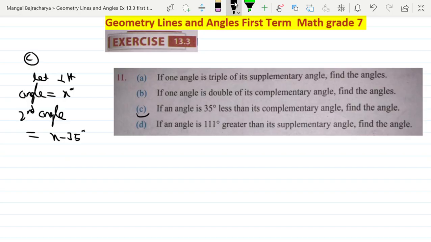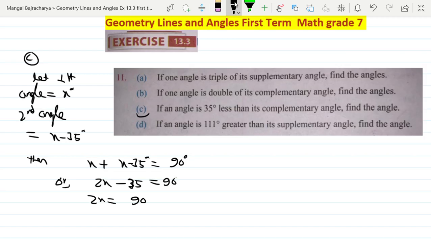As these angles are complementary angles, it's obvious that their sum is 90 degrees. So we say x plus x minus 35 degrees equals 90 degrees. We can solve it. x and x get added, you get 2x, and 2x minus 35 equals 90 degrees. So 2x equals 90 plus 35 degrees, because when you send this minus 35 to the other side, it gets added.